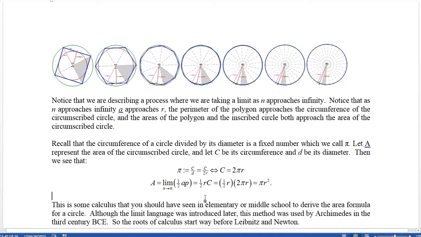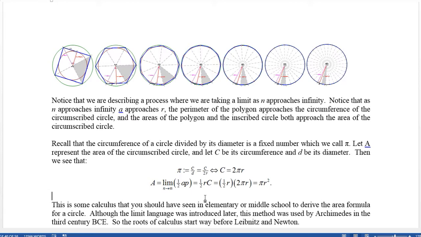Now hopefully you saw this exact thing that we've been doing here back in elementary school or maybe middle school or high school somewhere along the way, and used this to derive the area formula for the circle. Probably you already know that the area is pi r squared. You may have forgotten that this is one way to get it. Now, we actually are using calculus here because we're taking a limit.